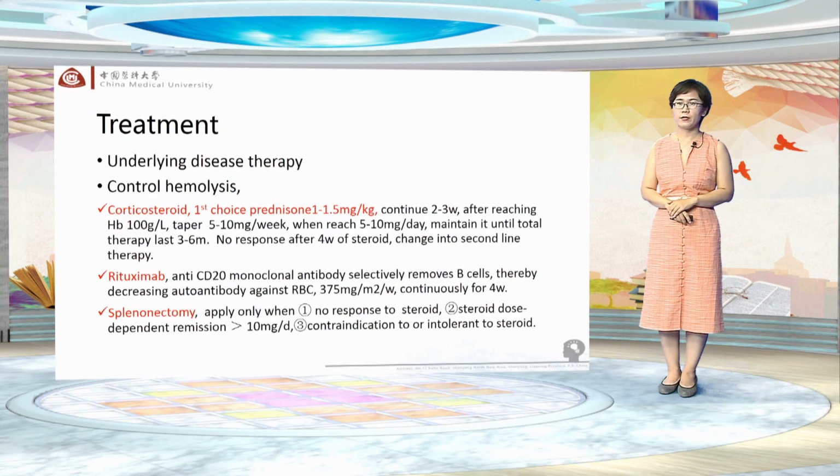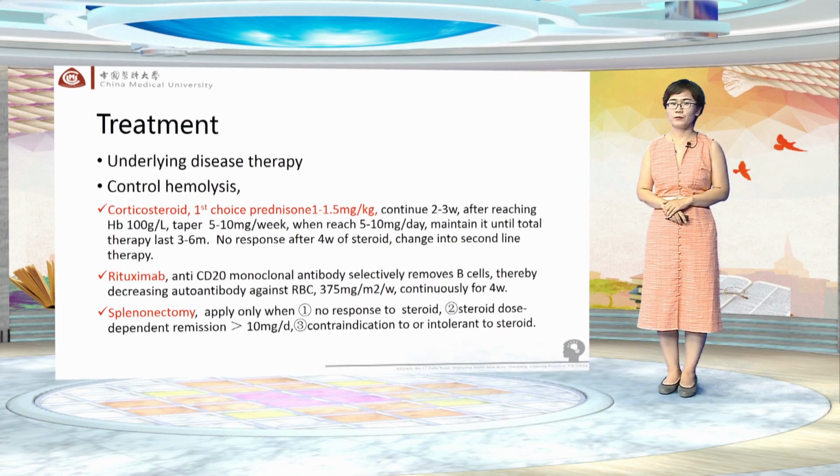This is generally continued until the hemoglobin is over 10 grams per deciliter, which occurs in most patients within 2 to 3 weeks. After reaching 100 grams per liter, if the hemoglobin level has stabilized and markers of hemolysis are normal or clearly improving, a taper can be initiated.